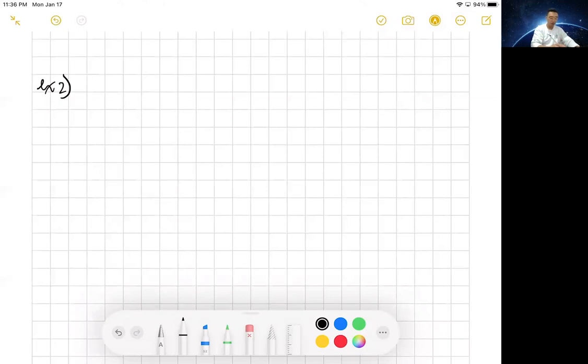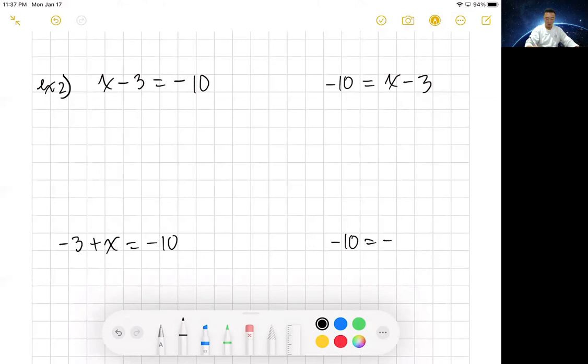Okay, so let's say you have x minus 3 equals -10. -10 equals x minus 3. -3 plus x equals -10. -10 equals -3 plus x. Again, all 4 of these problems are exactly the same. It's just that the layout is different. Okay, they're all still subtraction problems. Pause the video and try it out.